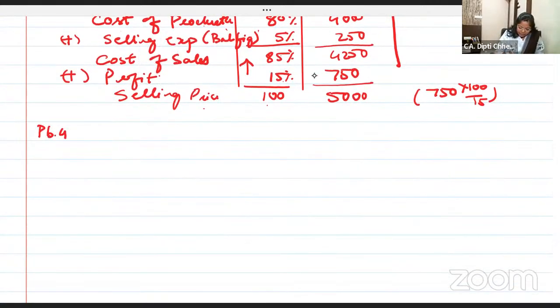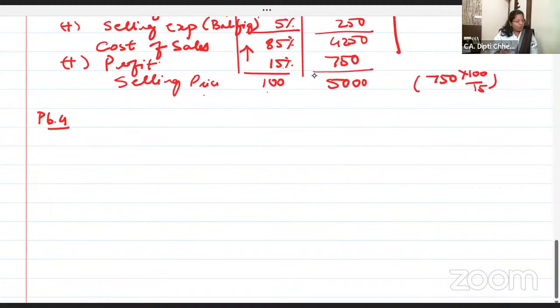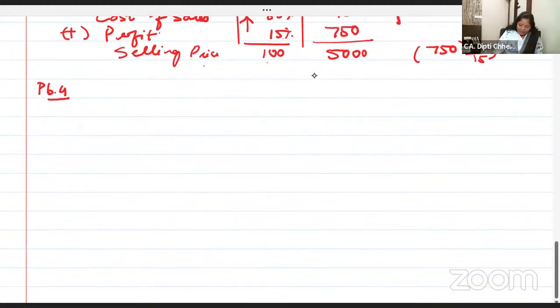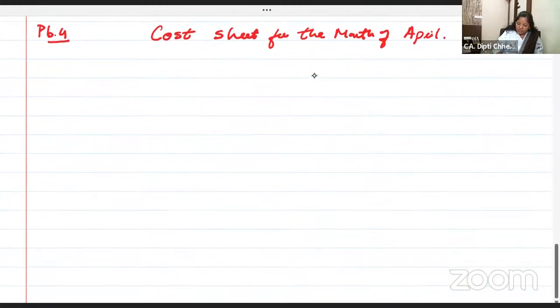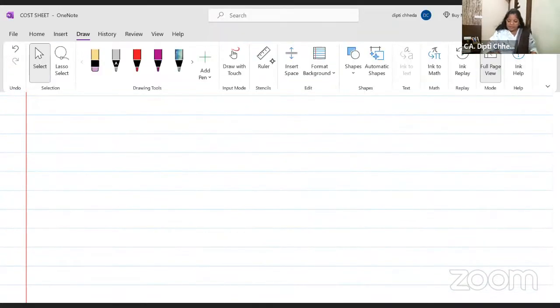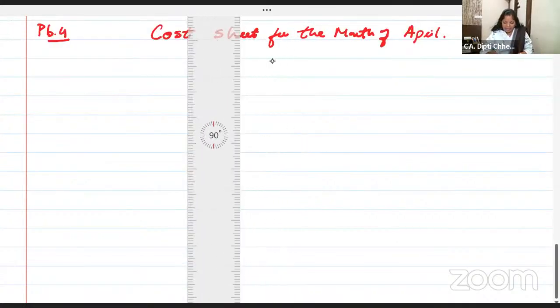Now we are doing problem number 4. Okay, in your notebook along with stock. So even if the information is jumbled, can we prepare the cost sheet nicely? Cost sheet for the month of April. Okay, cost sheet prepared for the month of April.